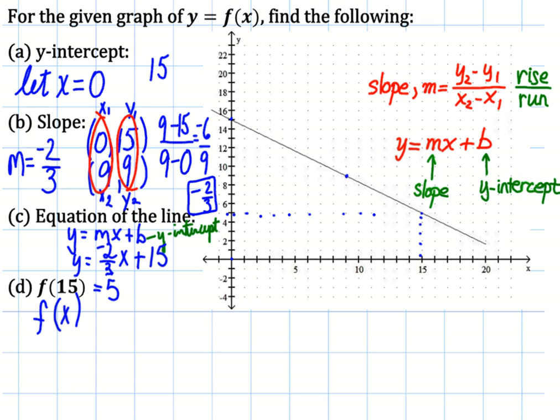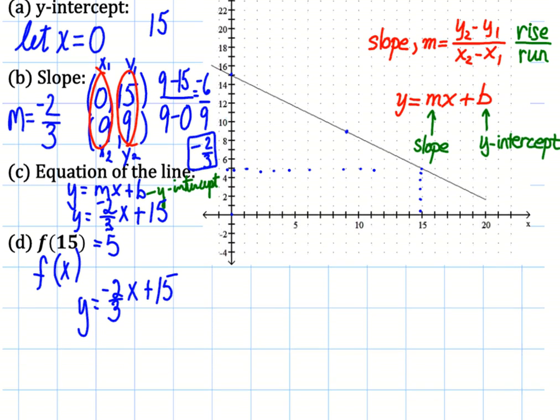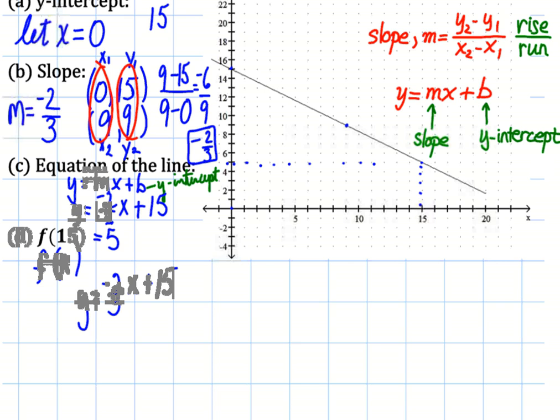Okay, so our formula said y is equal to a negative 2/3 x plus 15. If I substitute in the value of x as 15, I'm going to put that in a different color.